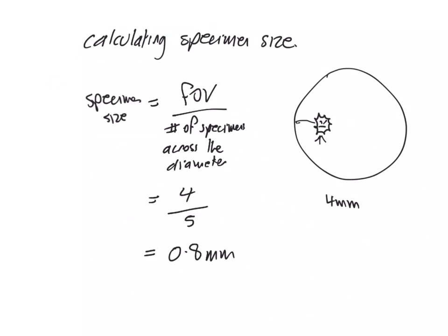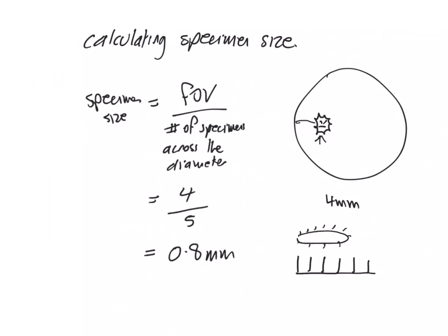So that's pretty easy. Now, another way you could do it is you could again use a scale. So a ruler, or sometimes you can get microscope slides that have a scale on it. If you know what that scale is, so maybe every one of those is a millimeter or something, and you've got a specimen that's that big, well, it's really easy.